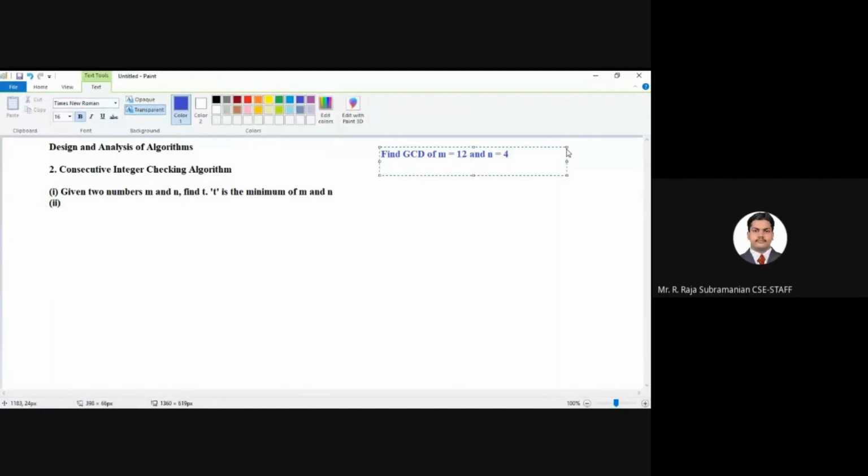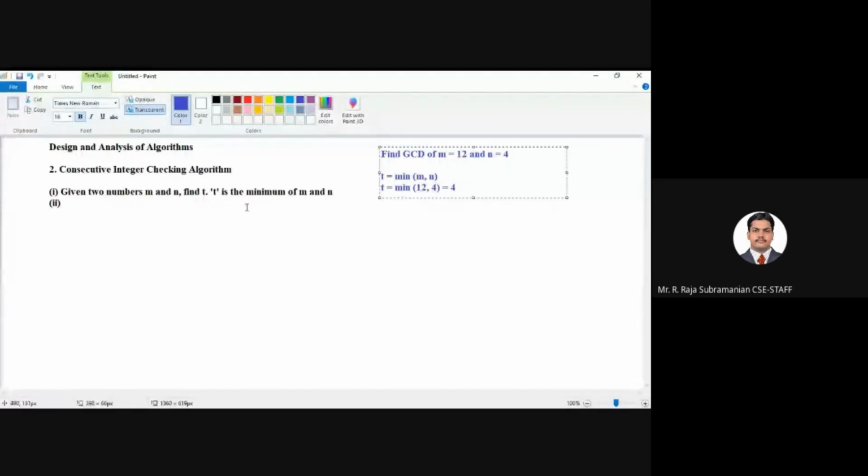Okay, very small numbers. So now I have this. According to the first step, what is t? Minimum of 12 comma 4. So t is equal to min of 12 comma 4, which is 4. t is equal to 4. Now t is found, right? Going to the next step.